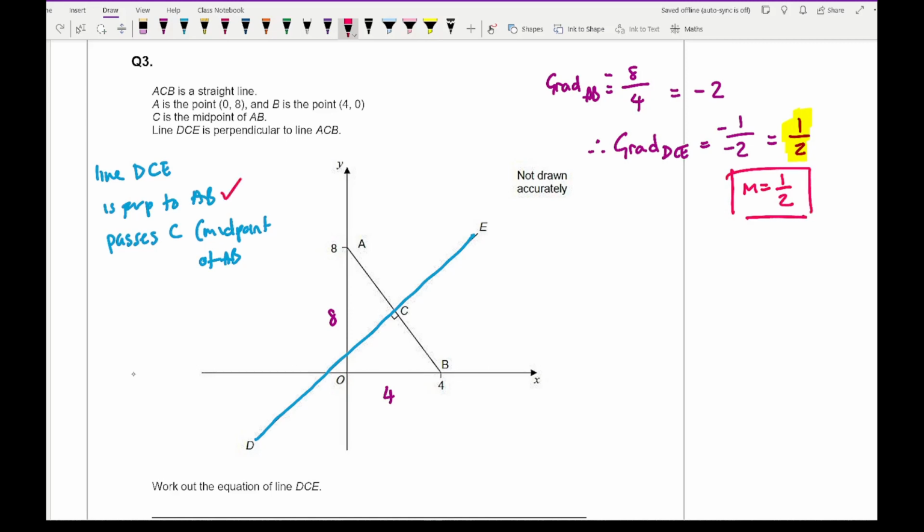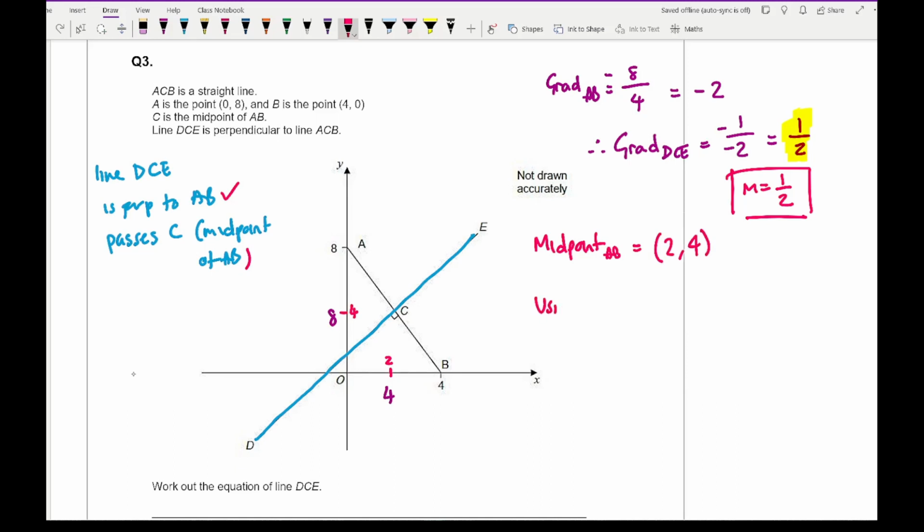So that's this first one done. So the next thing I then need to do is work out the midpoint of AB. So here the midpoint of AB, well, half of 0 and 4 is 2, and half of 0 and 8 is 4. So therefore the coordinate is going to be 2, 4.